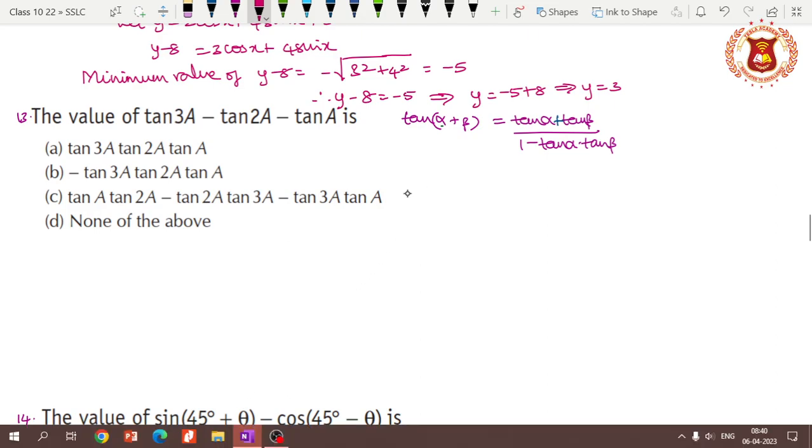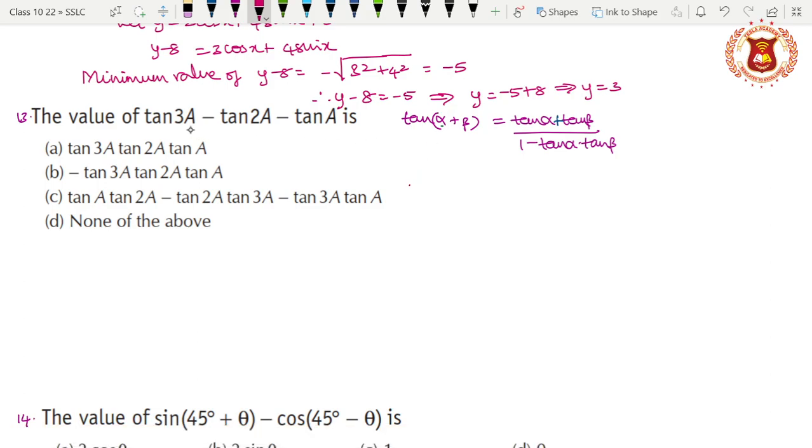Now you have to find the value of tan 3a minus tan 2a minus tan a. Now tan 3a, we can write 3a as 2a plus a. Let 2a be alpha here and a be beta here.